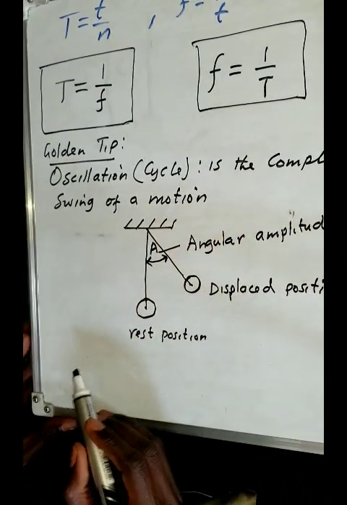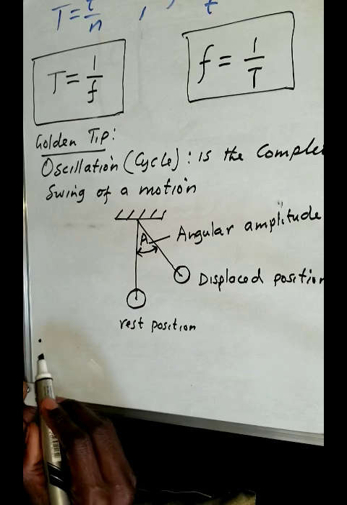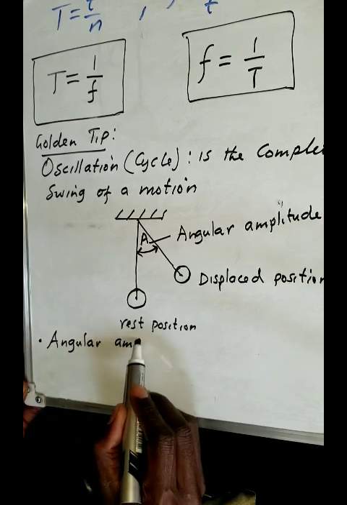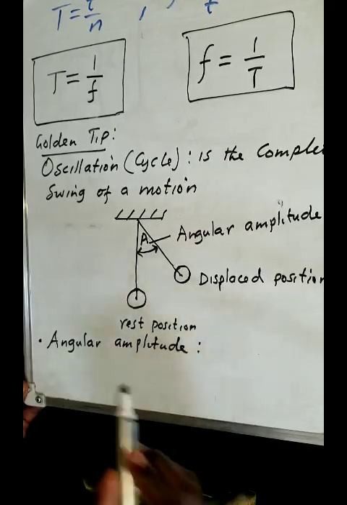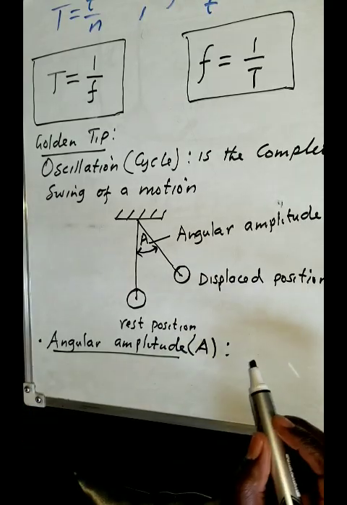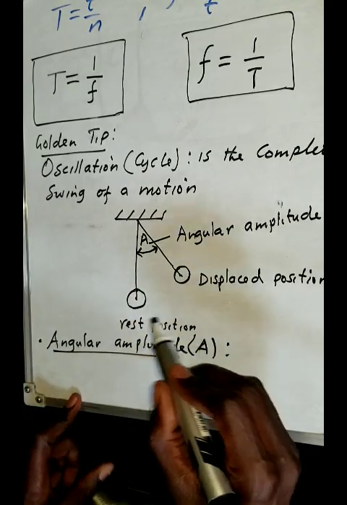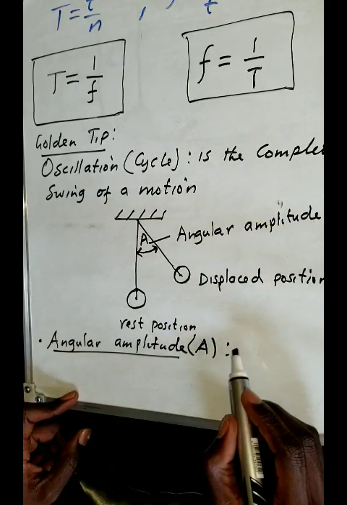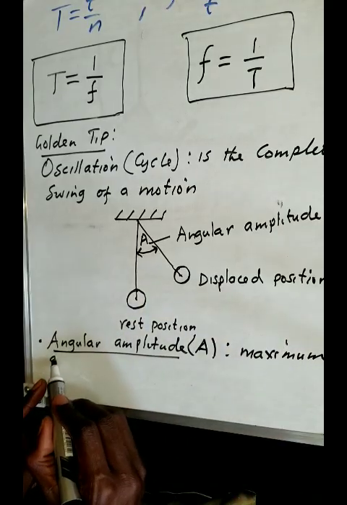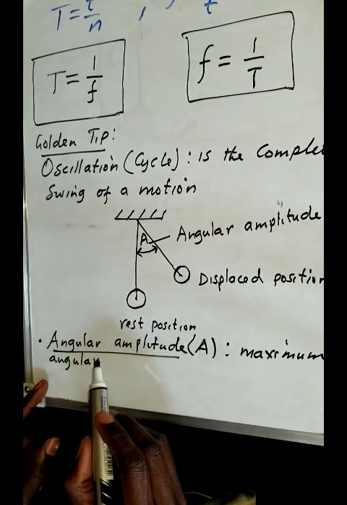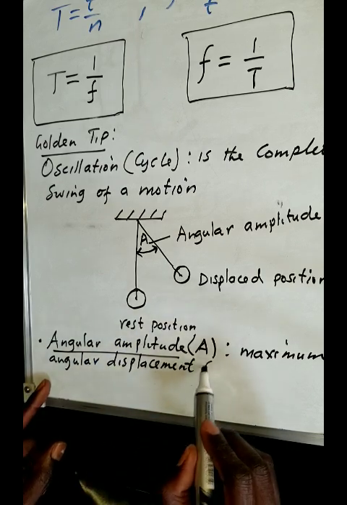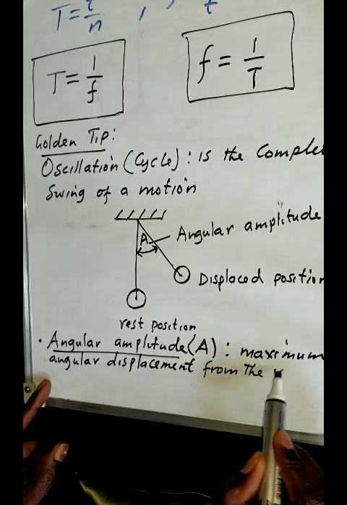Now, what exactly is the angular amplitude? The angular amplitude, which I'm representing by capital letter A, is simply the angle between the rest position and the displaced position. Or if you want, we can say it is the maximum angular displacement from the vertical.